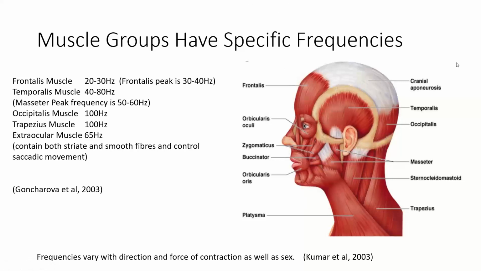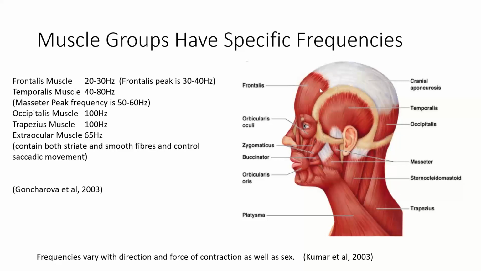And then we can see the muscle groups here. We can see here's the frontalis. You can see that right there. And then over here around the ears here is the temporalis, this whole range, F7, T3, T5 starts to get into that.